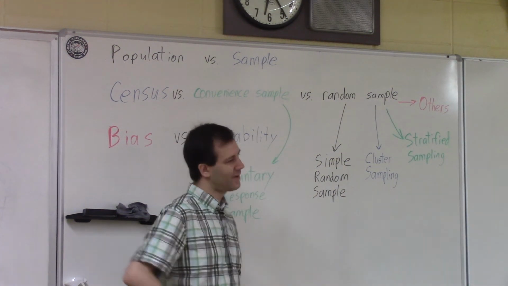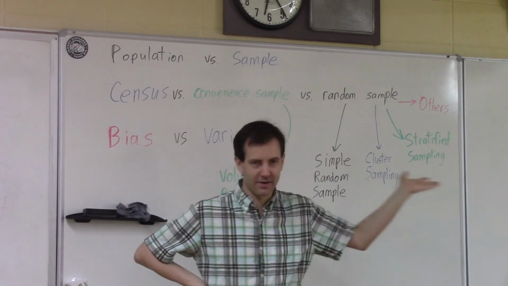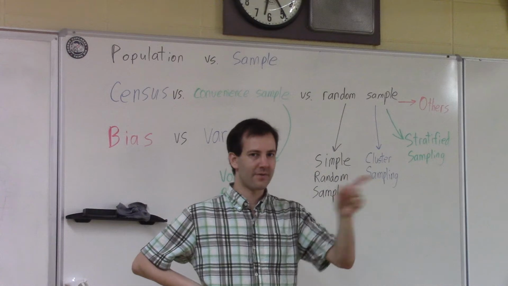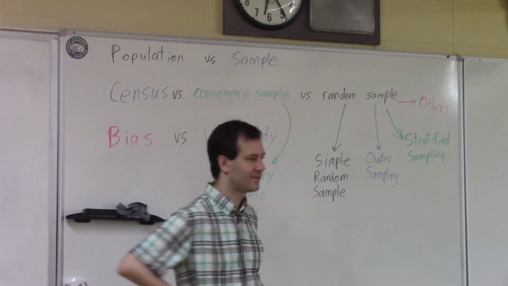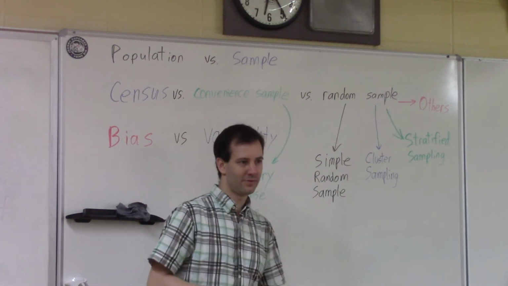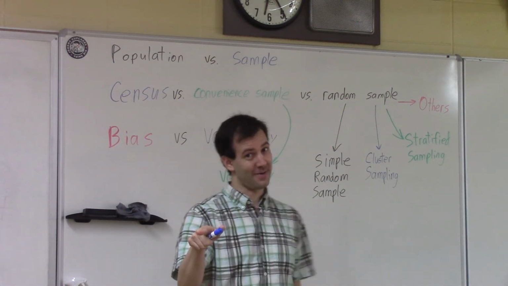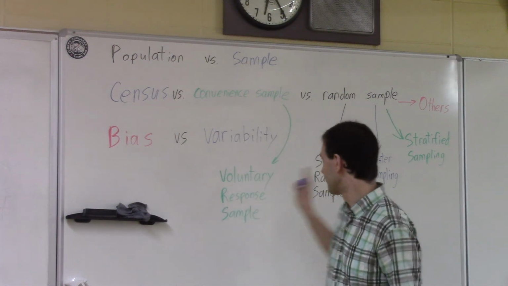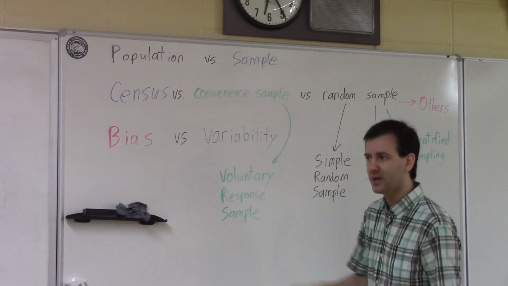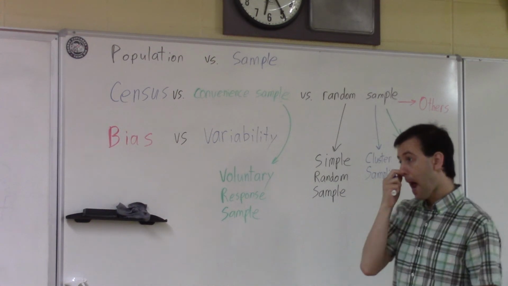But for simple random sampling, you number them all from 1 to 10 million or whatever, and then you randomly generate numbers and you pick those chocolates, and you test those chocolates to see if they're yummy. Or you randomly pick houses, and you ask the electric company, that way you don't have to involve the people at all, and you can get a proper random sample. You ask the electric company for the bills for those houses.